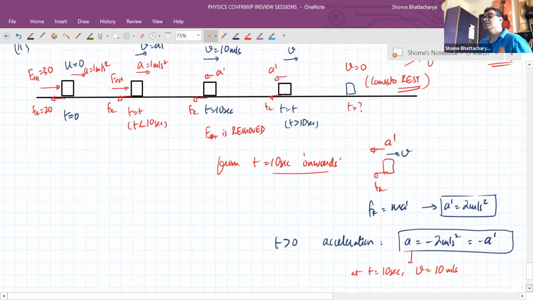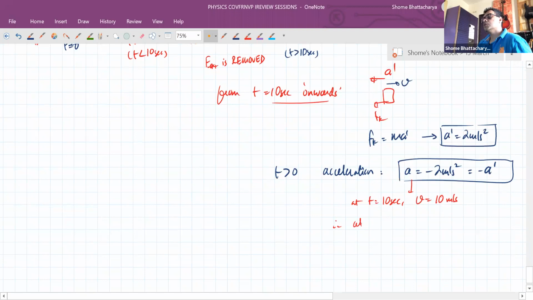So at some time 10 plus delta t, how much will the velocity become? 10 minus 2 delta t, u minus at, that kind of relation. So this shows us that the velocity will become 0 at delta t equal to 5 seconds.